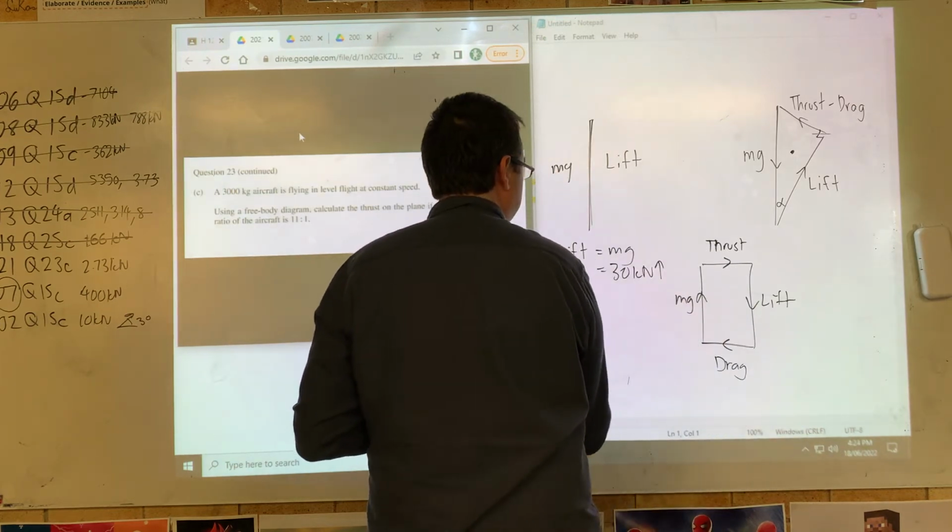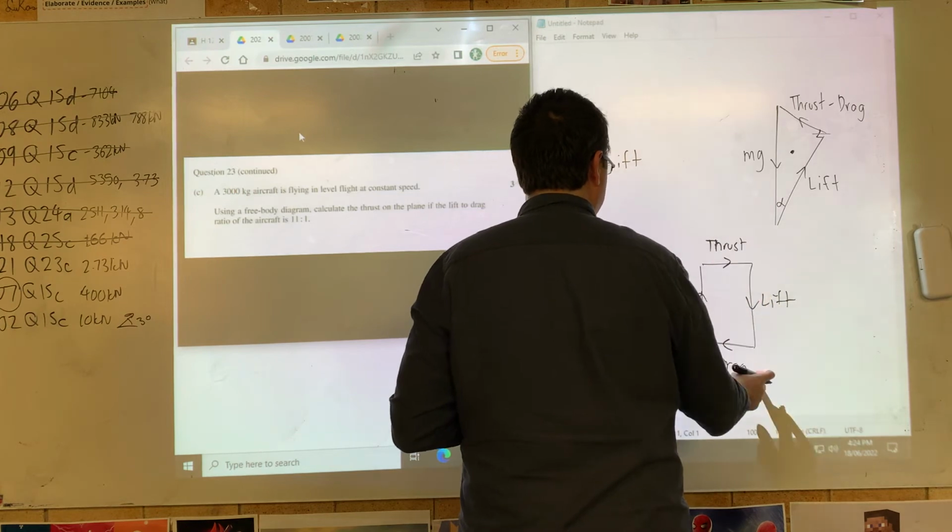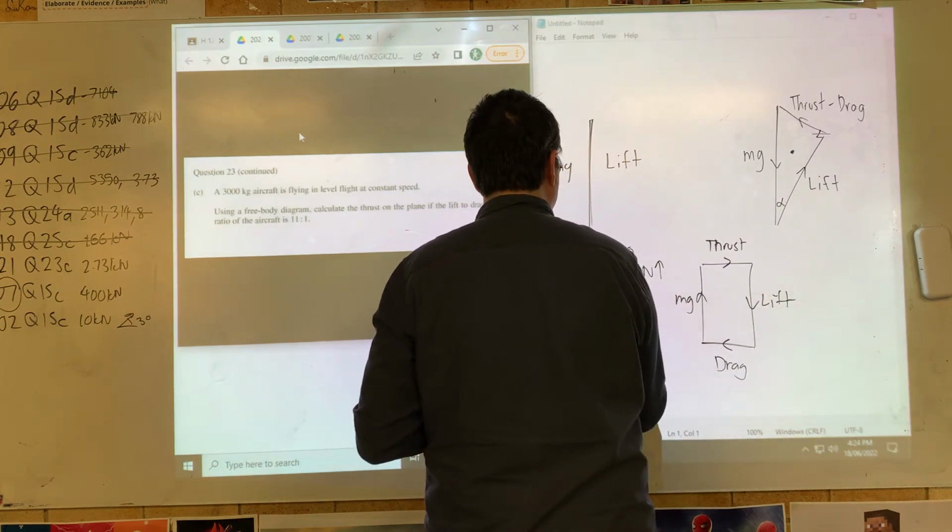Okay, so the lift is 30,000, and then we know that the drag is 1/11 of that.